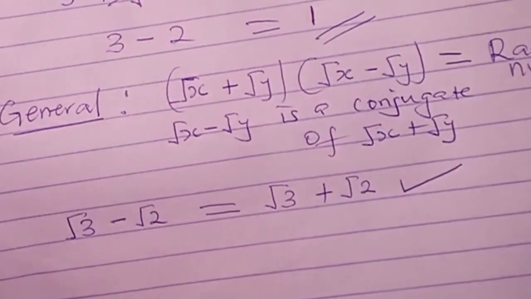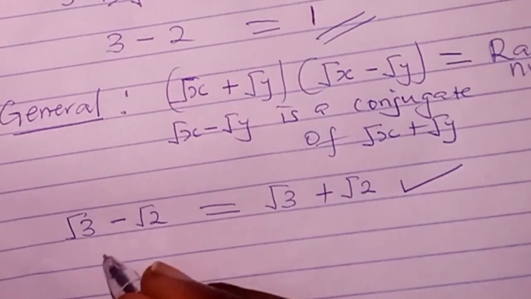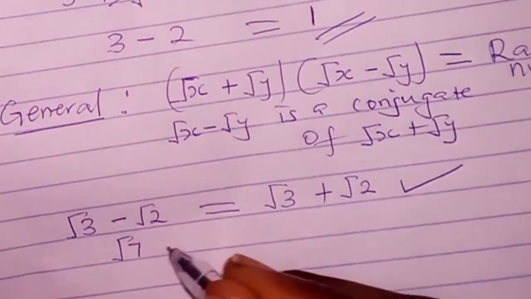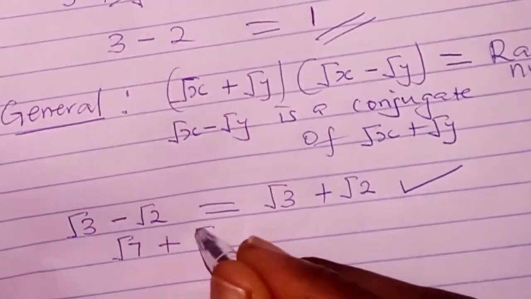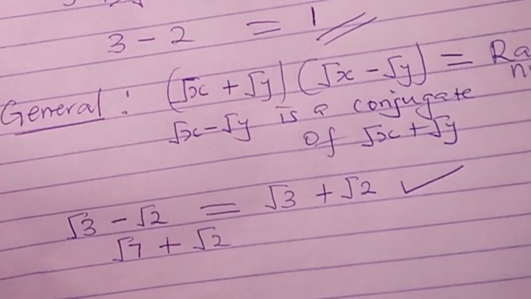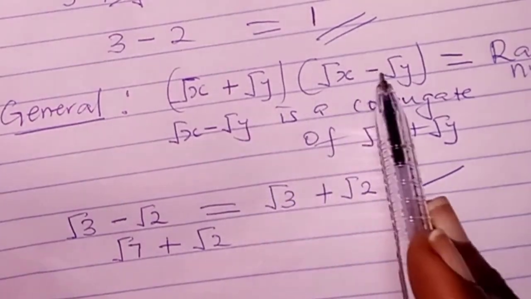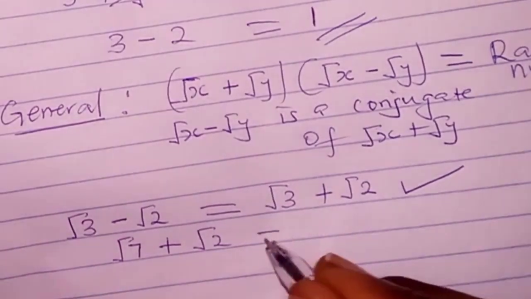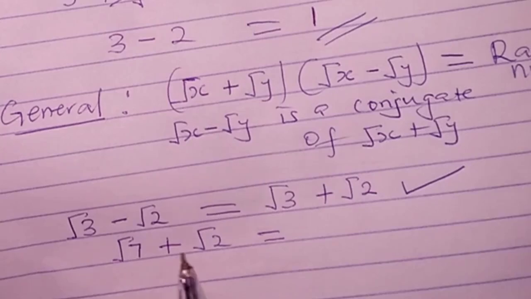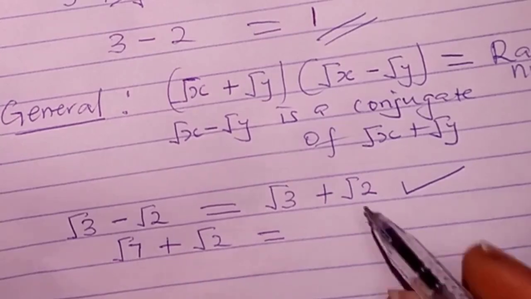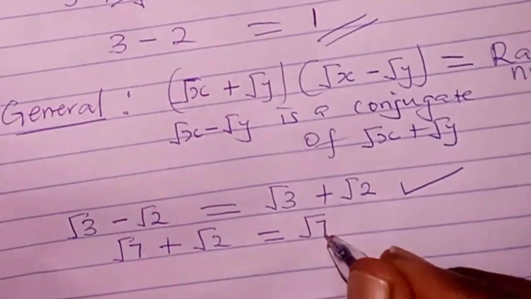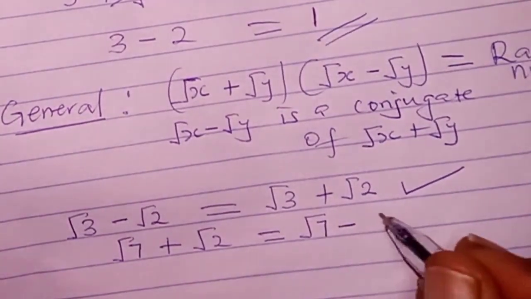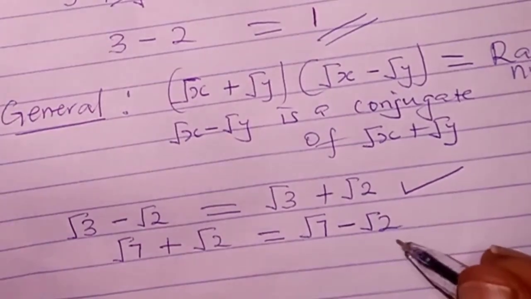This is correct. So what is the conjugate of root 7 plus root 2? Following this rule, the only difference is the sign, so the conjugate of root 7 plus root 2 is going to be root 7 minus root 2.